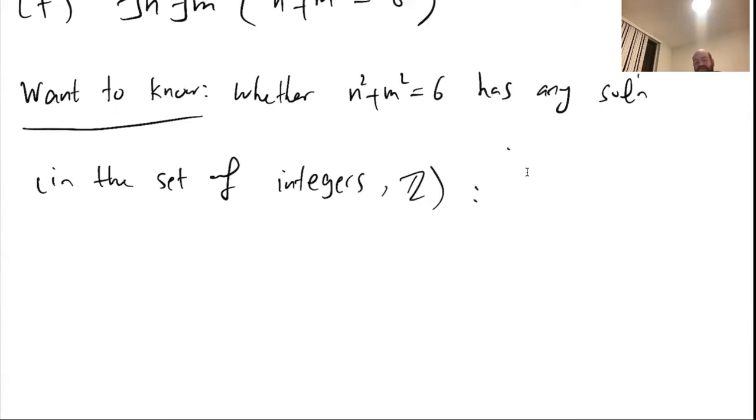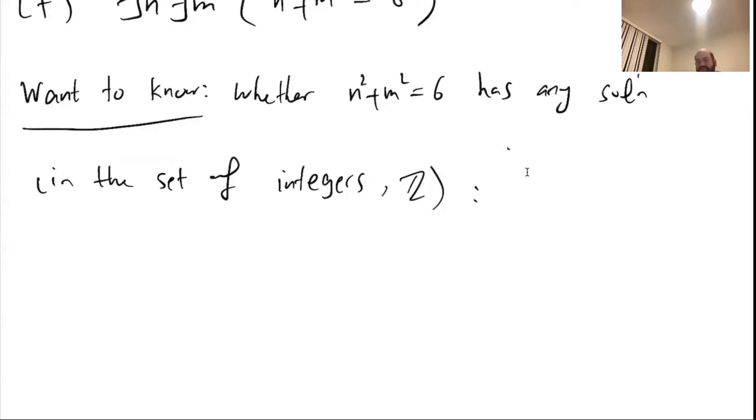Because, for example, even if one of n or m is at least 3, then n squared or m squared will be at least 9, plus another number will be bigger than or equal to 9 and bigger than 6 for sure. So for most integers, n squared plus m squared is bigger than 6, and therefore cannot be equal to 6.